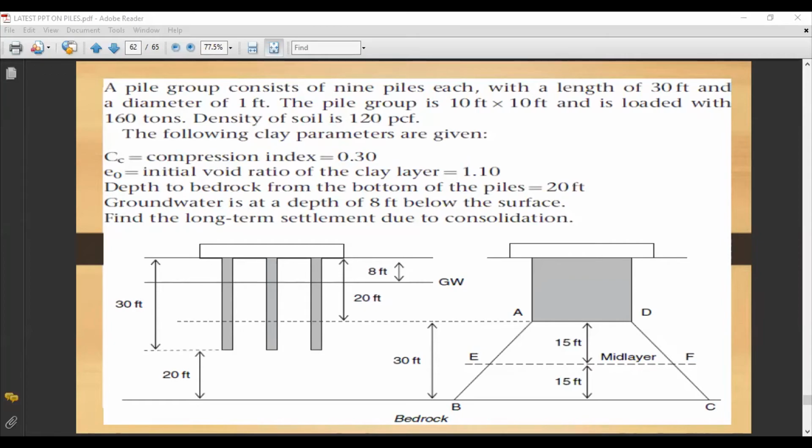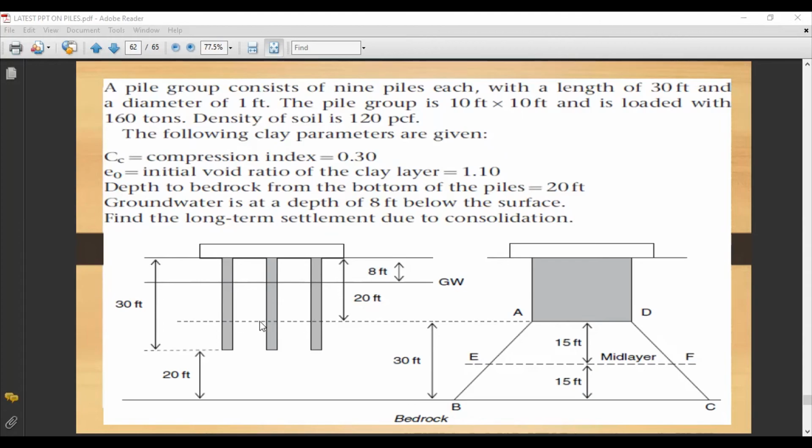So what's our H? H is this one. As I said, from here to here, 2/3 of the length from the ground level, which is equivalent to the pile length. So 2/3 multiplied by L, we are considering this is 20 feet, which we can figure out.